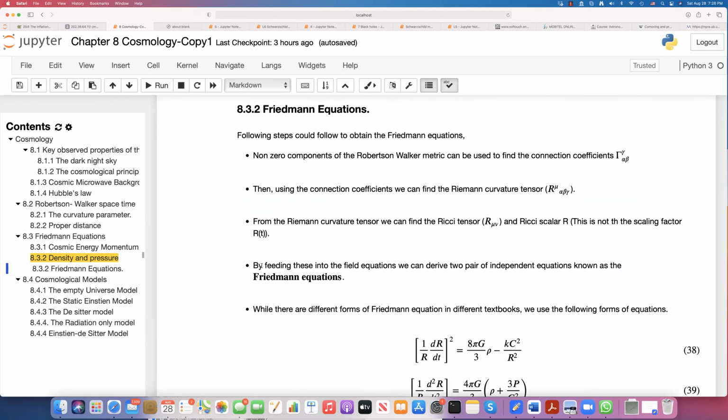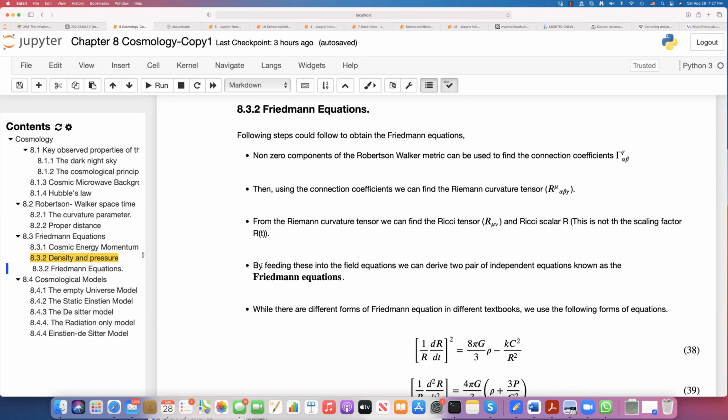Instead of deriving these Friedmann equations, I am going to tell you how to do it. If anybody needs to derive it, you just need to start from the metric, find the connection coefficients, Riemann curvature tensor, Ricci tensor, and Ricci scalar, so that you can plug all these things into the left-hand side. In the right-hand side, you have to use the energy momentum tensor that we have just discussed.